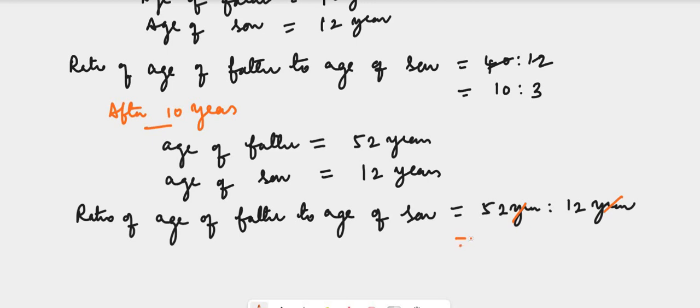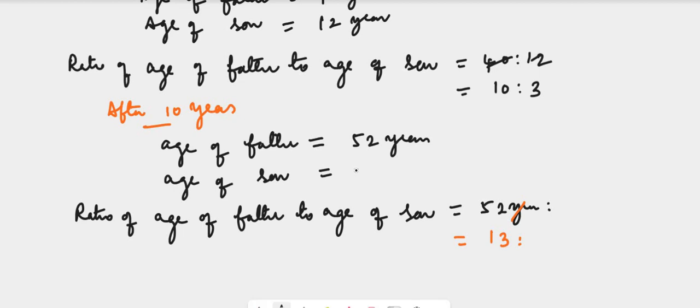Years will cancel. After 10 years, age of son will become 14 plus 10, sorry, present 14 means after 10 years age will become 24 years. So 24 years.